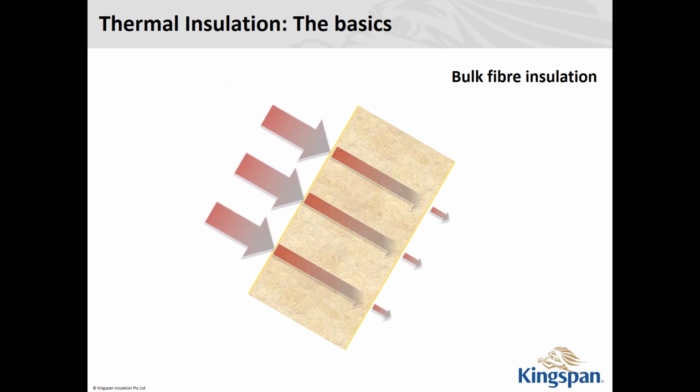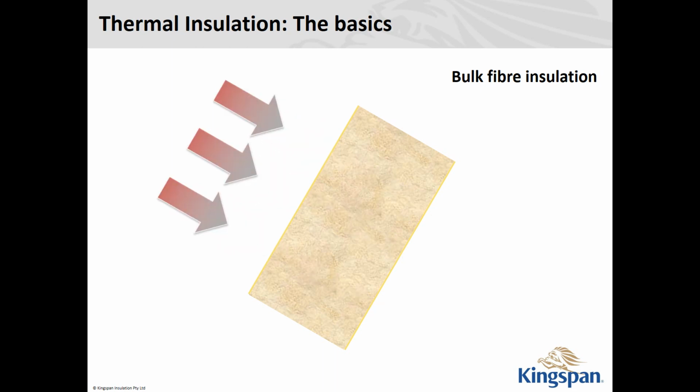So really it's just having the actual bulk insulation that slows the heat transfer going through that material. One thing to consider, and we'll talk about this as we go on, is if you have just a bulk of insulation on top of your ceiling in a very hot climate, eventually all these air pockets will heat up, and then you'll have a mass of hot insulation sitting on top of your ceiling.